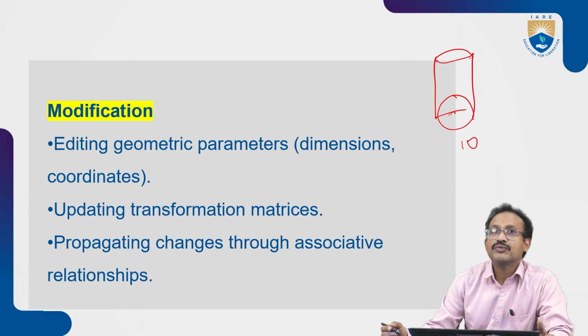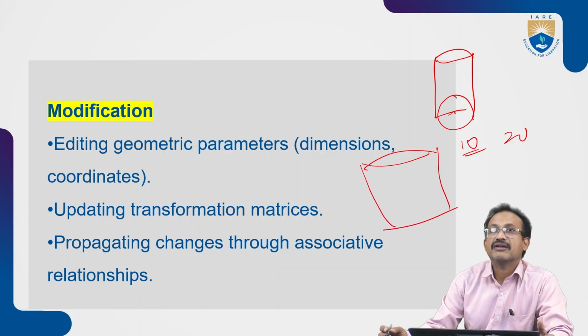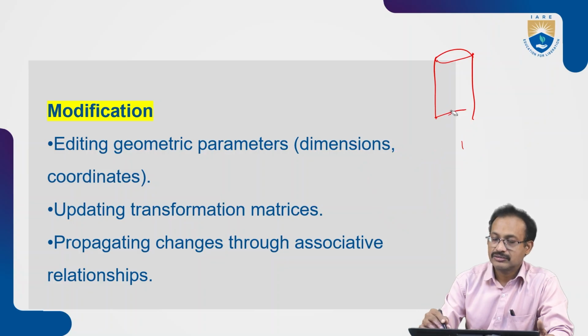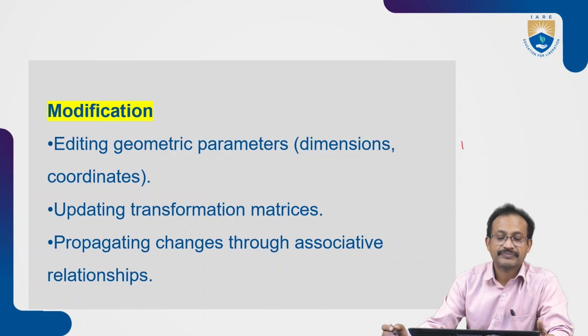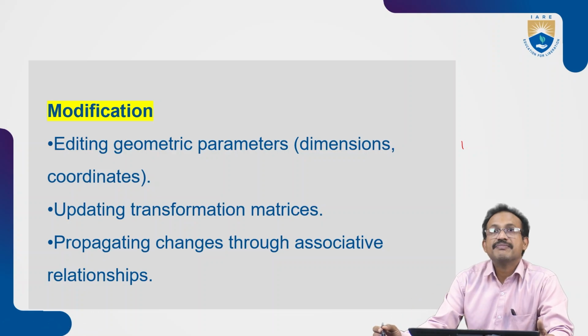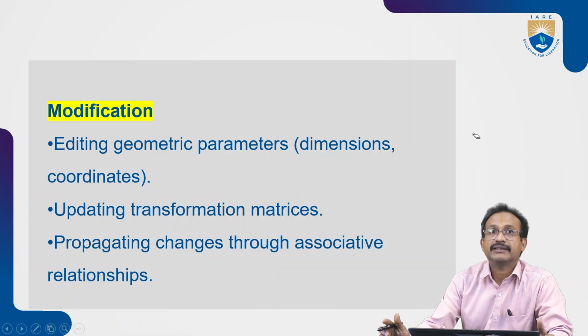We can edit this diameter from 10 to 20, so obviously the entire part will be converted to the corresponding diameter. So this is nothing but editing dimensions, editing geometric parameters. Next, updating transformation matrices. Already we have discussed transformation means rotation, scaling, and translation.